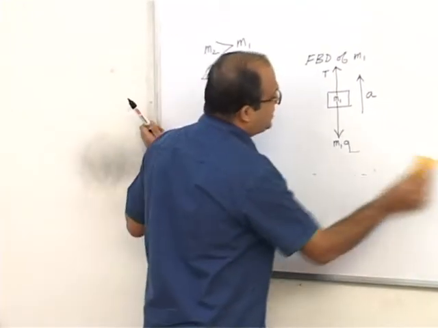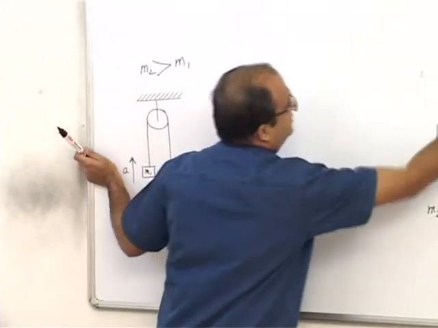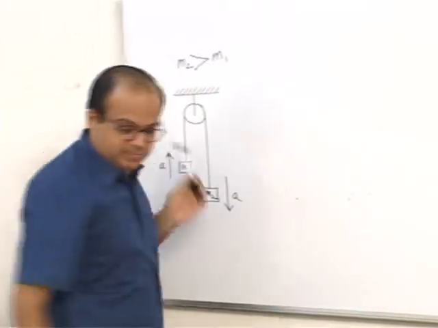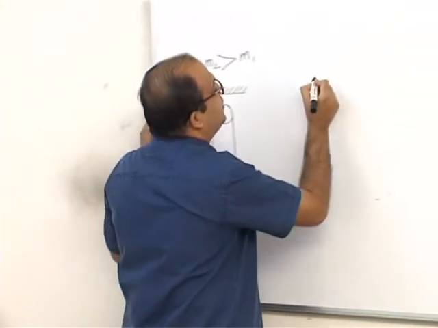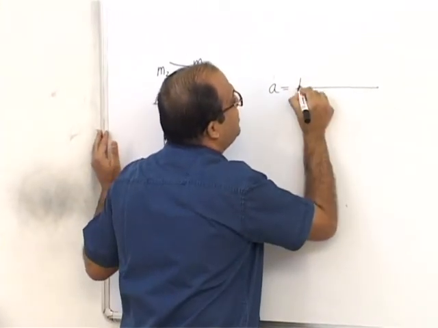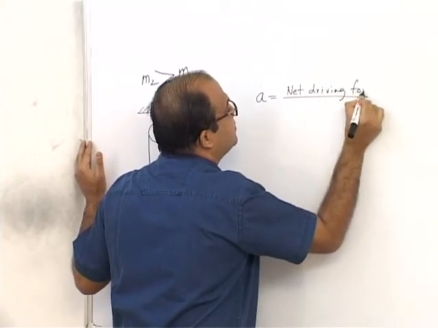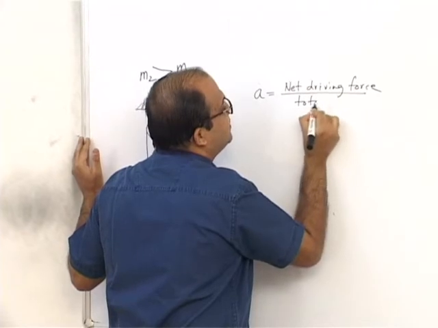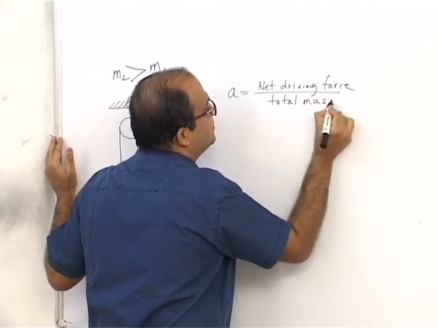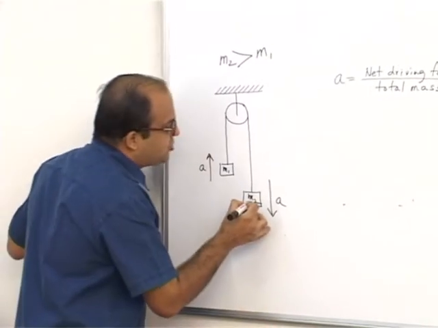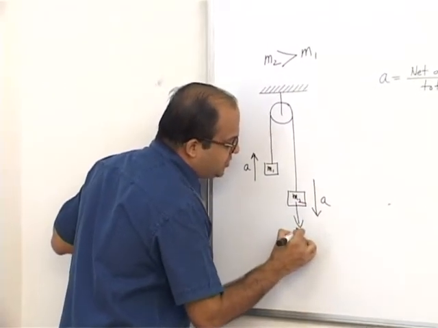Now there is a simple way to get the acceleration. Acceleration is equal to driving force by total mass. Here M2G is trying to drive the system in this direction.